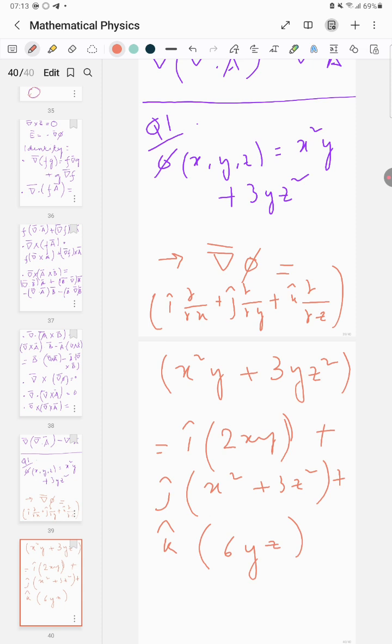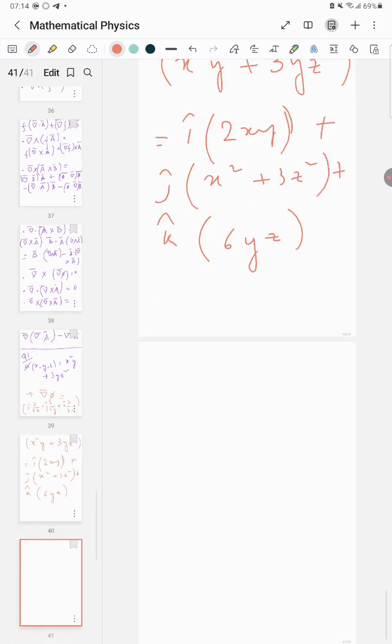Now what if they ask another question with it, that find the gradient of the scalar potential phi at a point 1, -1, 2. Whenever a point is given, always remember to substitute the x, y and z values into your answer.